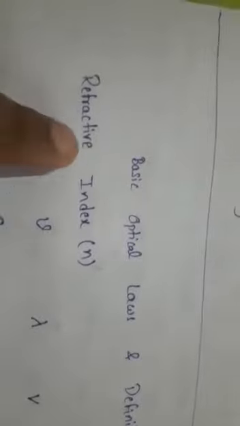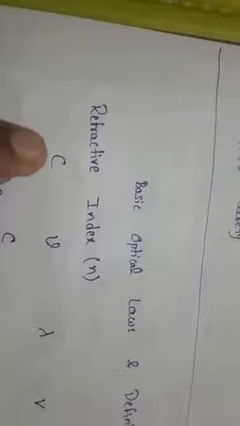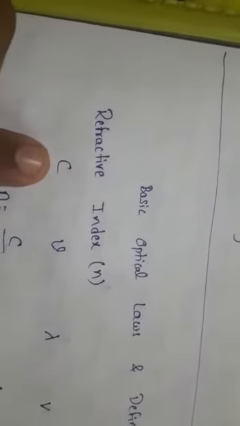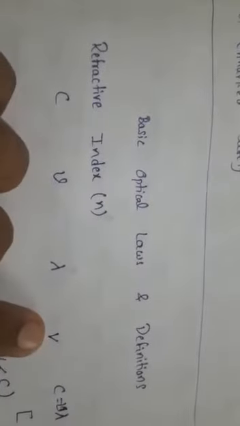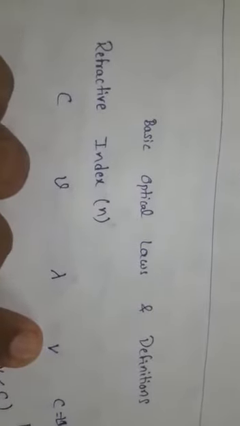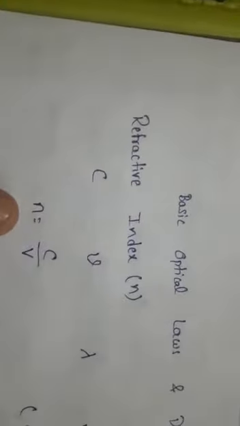Then the refractive index is defined as the ratio of the speed of light in free space to the speed of light in another material. So that is n equal to c by v.